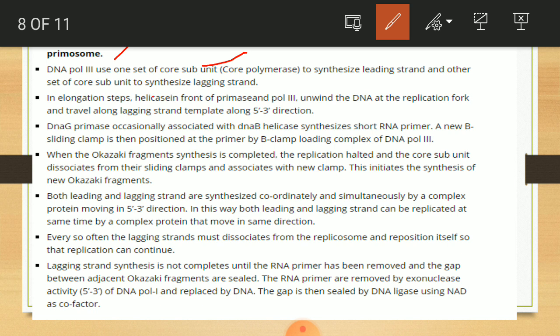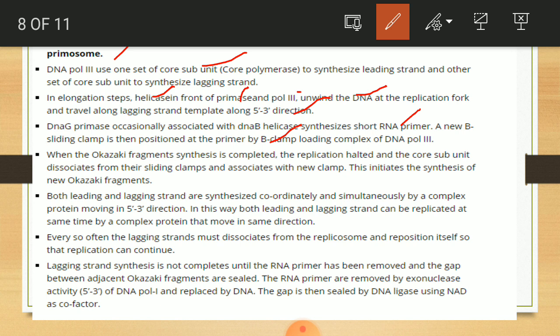During the elongation, the helicase in front of the primase and DNA polymerase III enzyme opens both strands of DNA and travels along the 5' to 3' direction. DnaG primase occasionally adds short fragments of RNA primers onto the lagging strand, and the new beta clamp is positioned at the primers by the beta clamp loading complex of the DNA polymerase III.